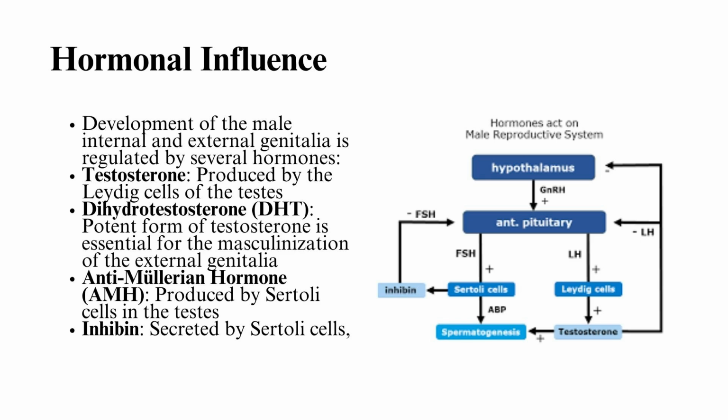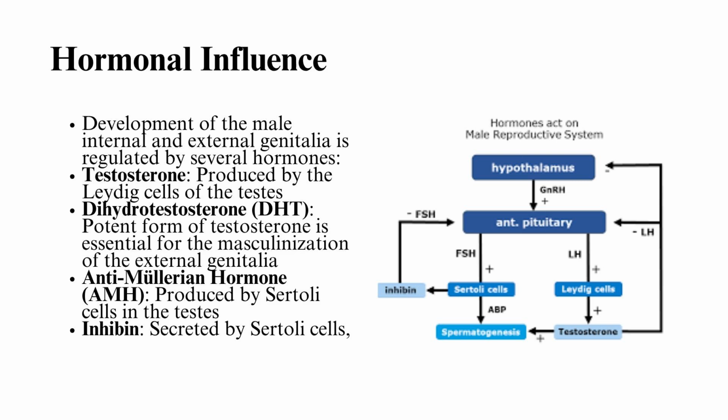Sixth, hormonal influence. The development of the male internal and external genitalia is regulated by several hormones. Testosterone, produced by the Leydig cells of the testes, is the key hormone that drives the development of the male reproductive structures, including the Wolffian ducts, penis, and scrotum. Dihydrotestosterone, DHT: this more potent form of testosterone is essential for the masculinization of the external genitalia, including the formation of the penis and scrotum.